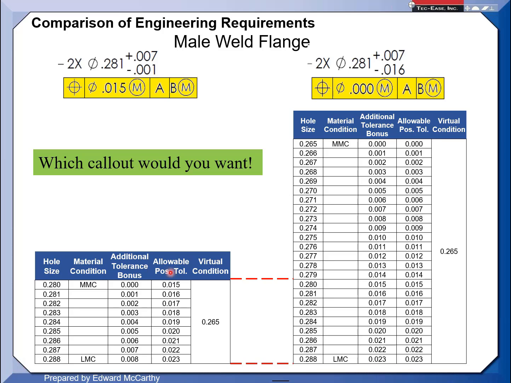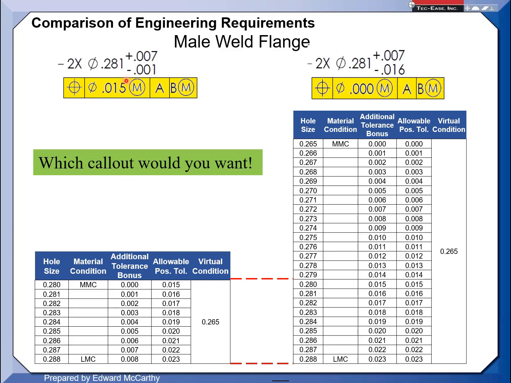Maybe there might have been better words we could use up here. Did that help? Yes, thanks. Yeah, so this here is just showing you the additional tolerance, and that's what the M means. That additional tolerance is based on what size manufacturing actually makes the hole.